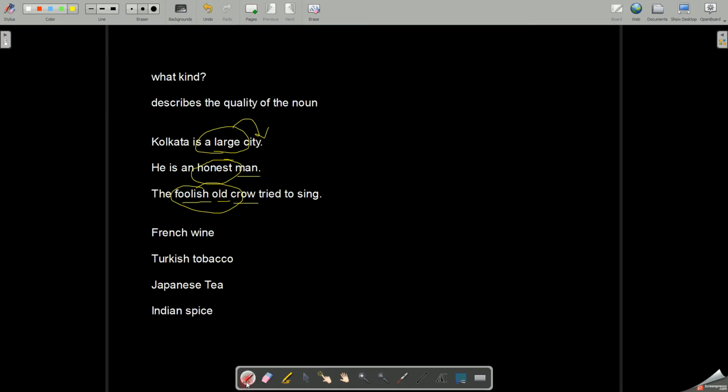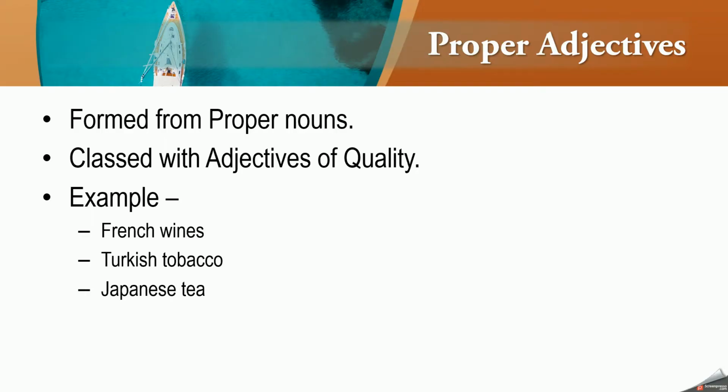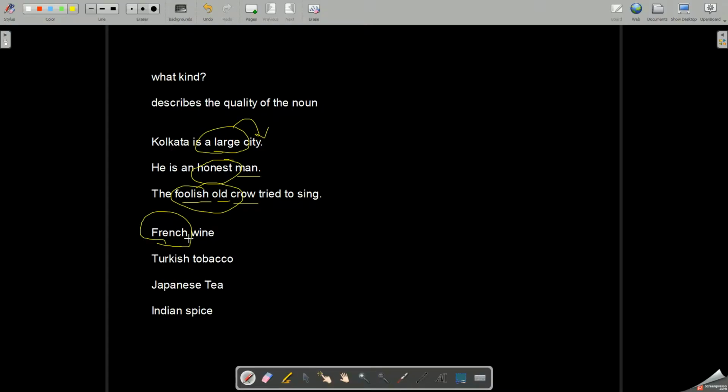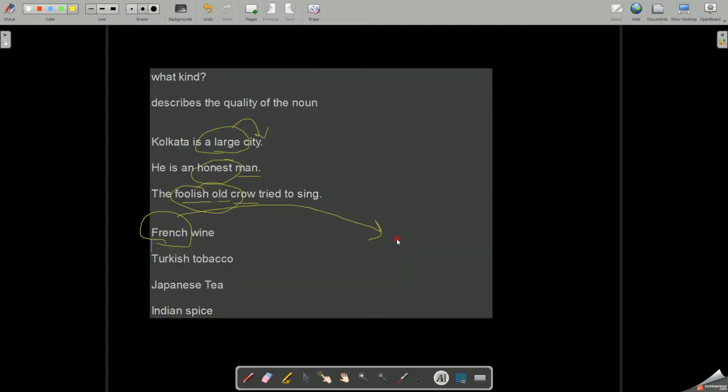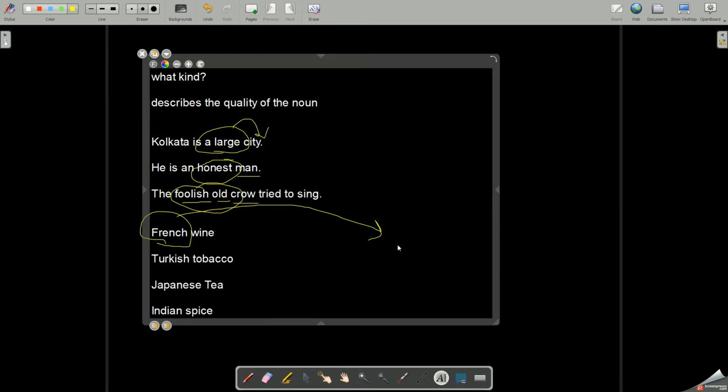So in this you can see that although French stands for a type of wine, it's derived from the word France. The word French has been derived from the word France, which is the name of a place.